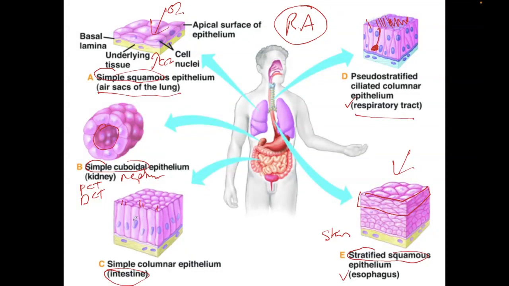And what holds cells together are tight junctions. So what's holding this cell to this cell is a tight union, a tight junction. What's holding this cell to this cell is a tight junction or union.